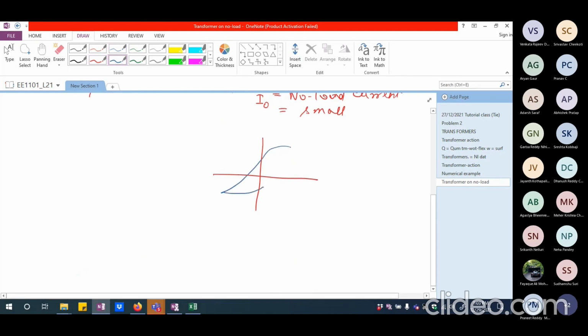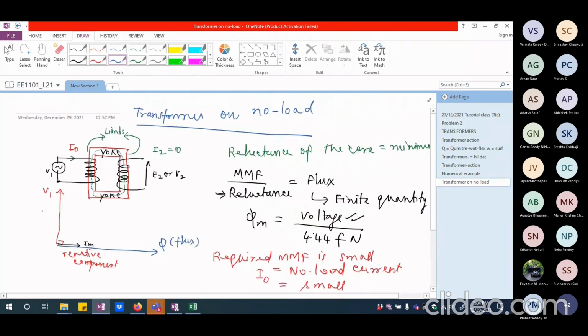So we are going to have something like this going on in the core in terms of establishing the flux or flux density with respect to the current or magnetic field intensity that I'm applying in the primary winding. So I will have hysteresis loss incurred by this core material. So I am going to have something called core loss in this transformer.